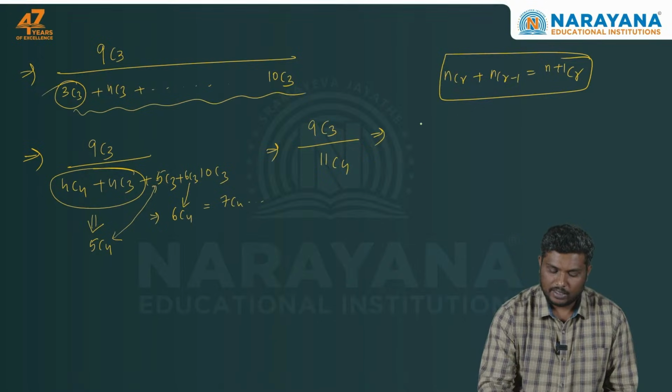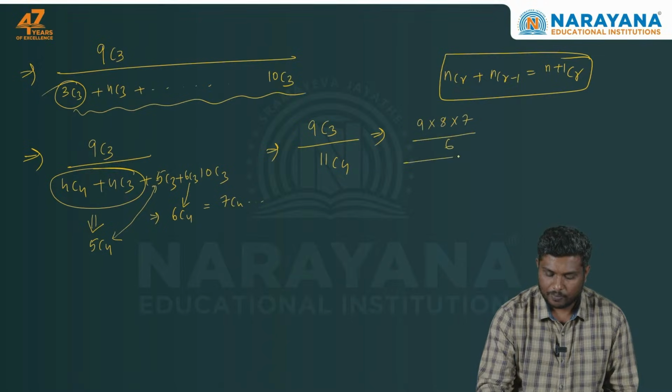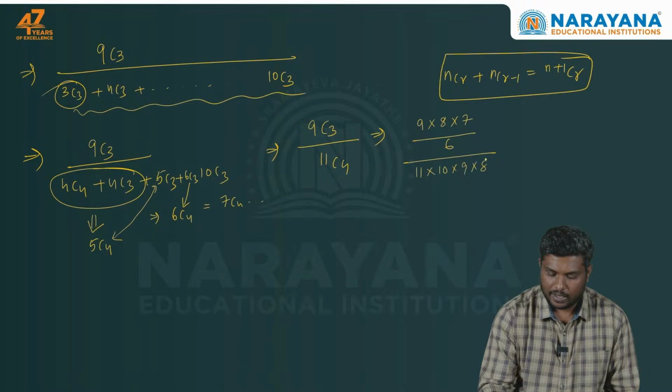So 9C3 is 9, 8, 7 by 6. 11C4 is 11, 10, 9, 8 by 4, 3, 2, 1.